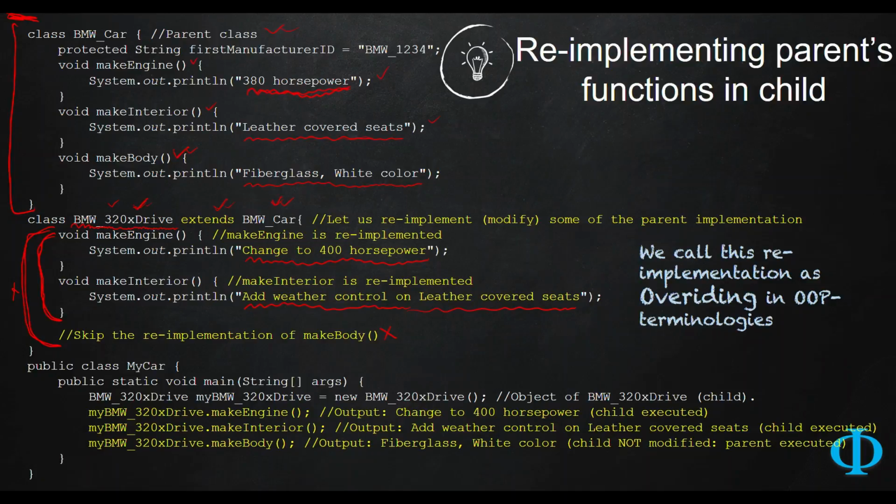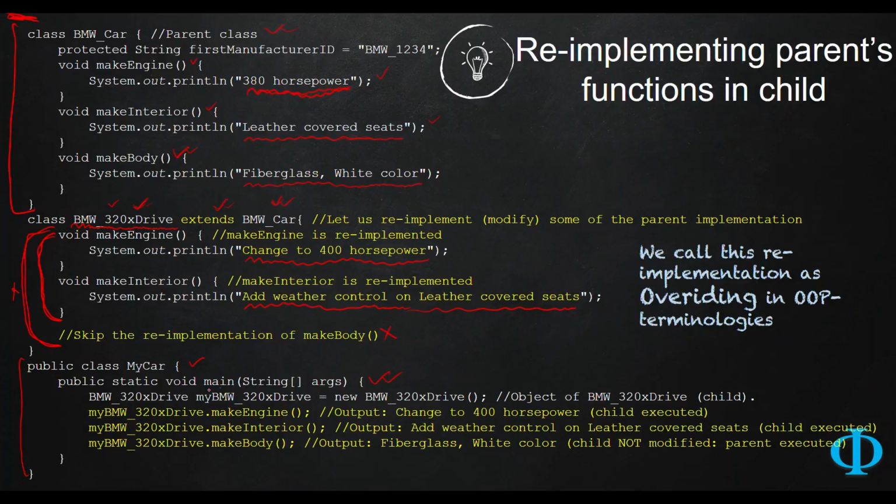In order to test the program's behavior, which function is actually executing, whether it is child's function or parent function, we can do that inside this my car class. Inside this my car class, I have the main function from where the program will start executing.